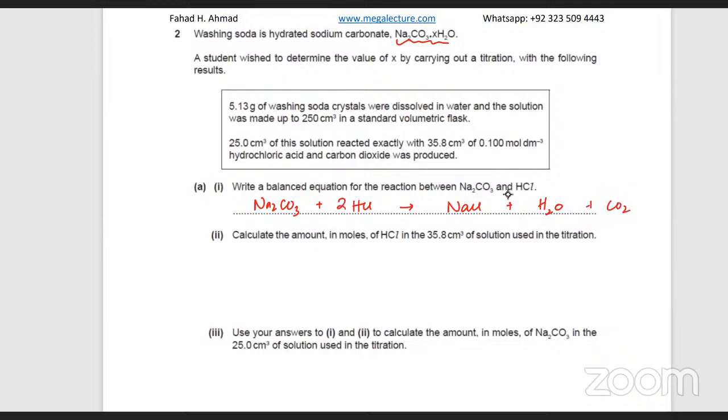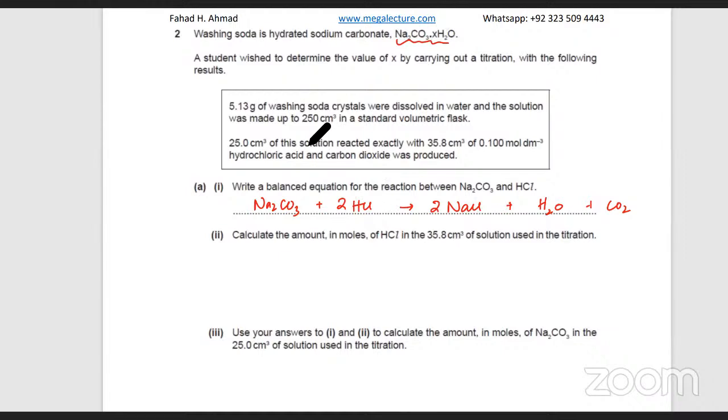You can balance it with HCl. So the other part is, calculate the amount of moles of HCl that reacted. So he's reacting the crystals with HCl.